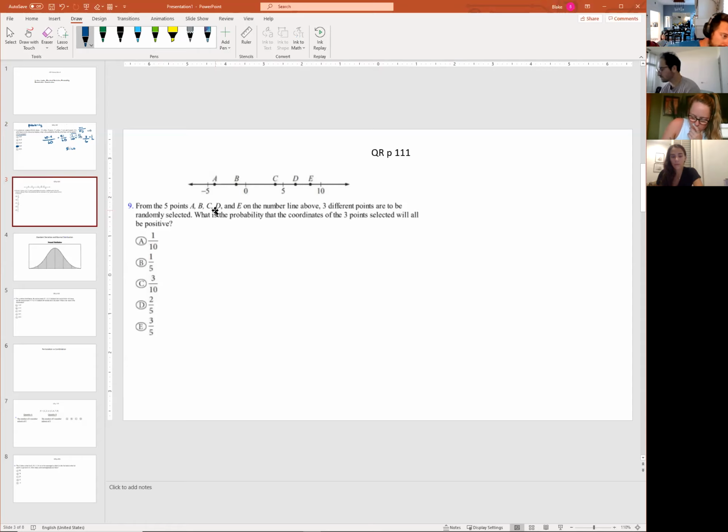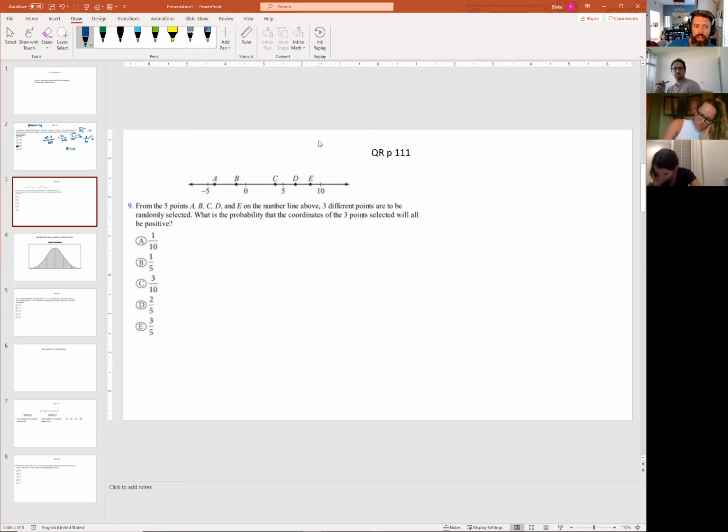So we've got a number line. From the 5 points A, B, C, D, and E on the number line above, 3 different points are to be randomly selected. What is the probability that the coordinates of the 3 points selected will all be positive? So let's do a simpler version of this question first so we can get an idea of how to do it.